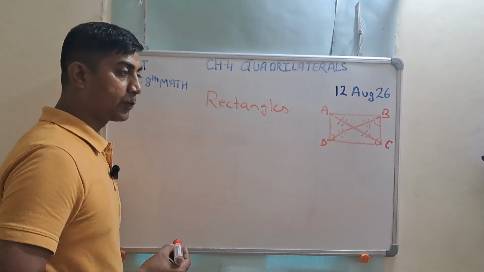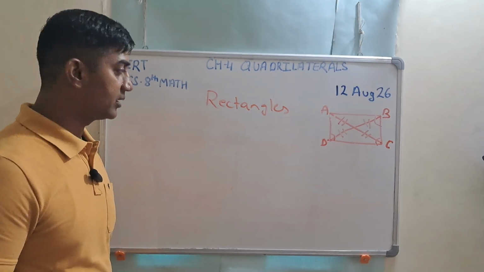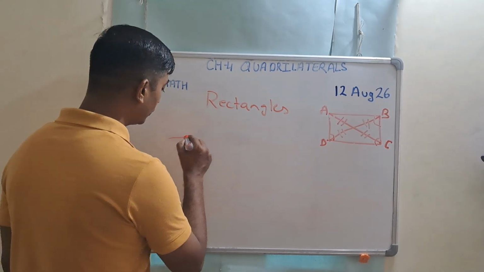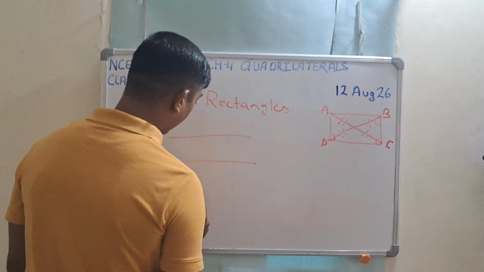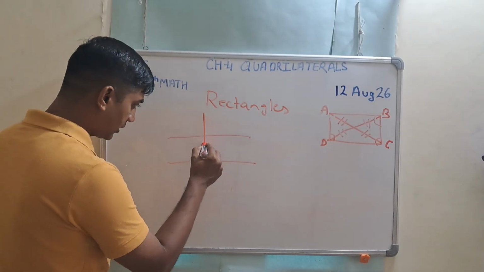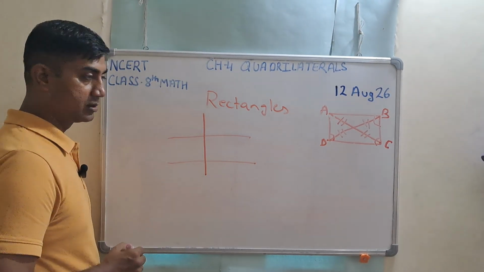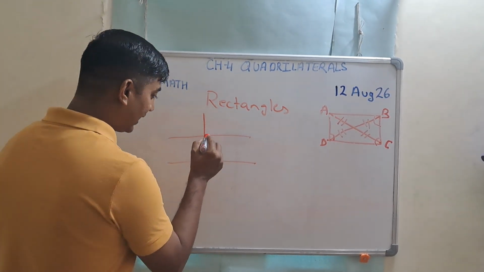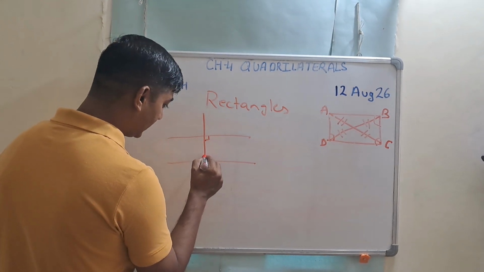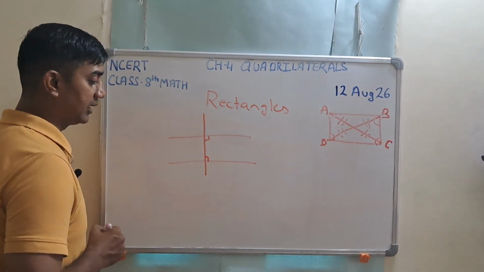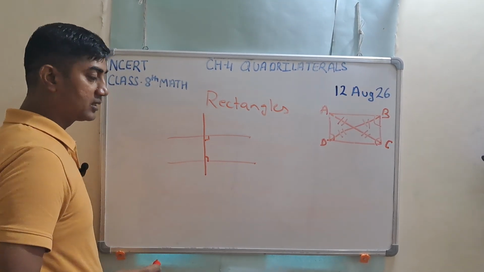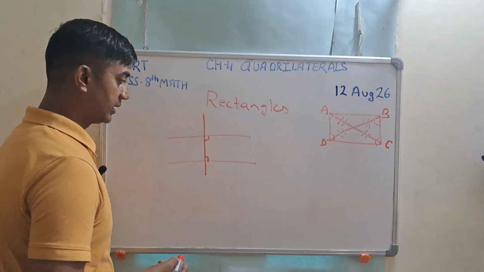You know the property of parallel lines and the transversal. If these two lines are parallel and one line is intersecting the other lines, then the internal angles on the same side, the sum of the internal angles, is 180.